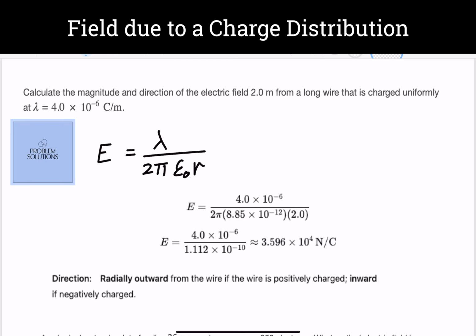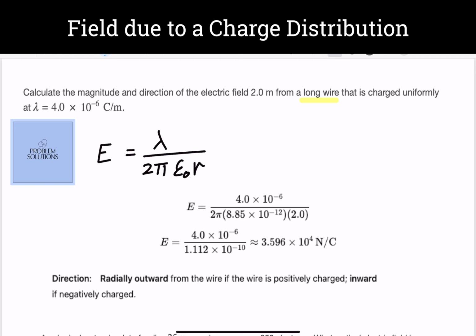Now calculate the magnitude and direction of the electric field 2.0 meter from a long wire that is charged uniformly at lambda 4.0 times 10 to the negative 6 coulomb per meter. What's important is to note that this is a long wire. That means it's infinitely long.